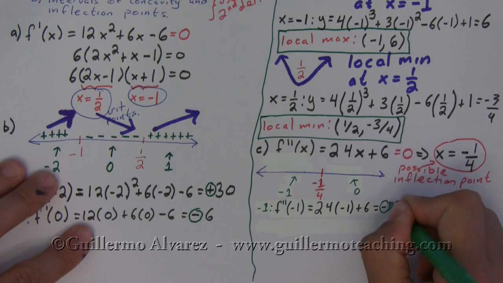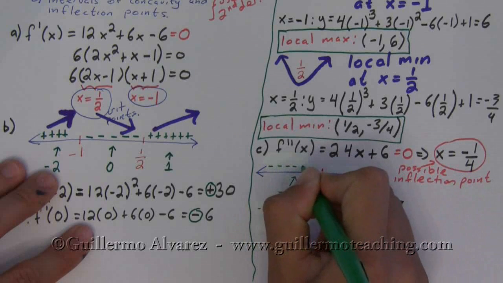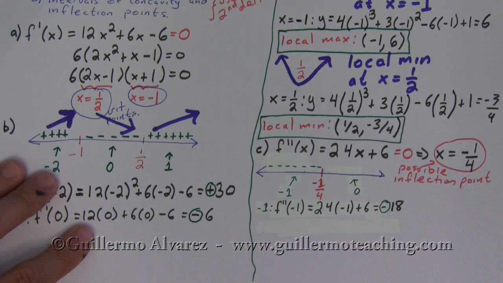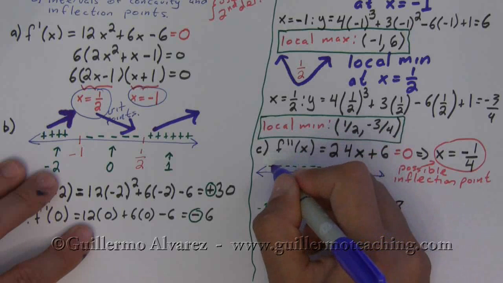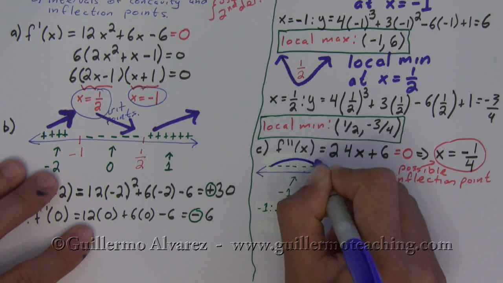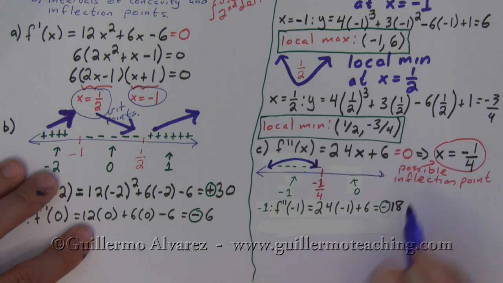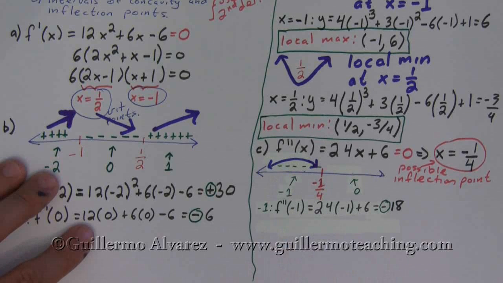So the second derivative is negative in this area, which means my function is going to be concave down. It doesn't mean it's decreasing, it just means it's concave down in this area, because that's what the second derivative tells me.